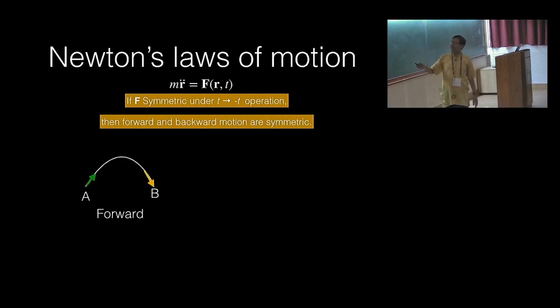To illustrate, we have a projectile motion going from A to B, forward in time, like this. If I reverse this particle, it will go like that.